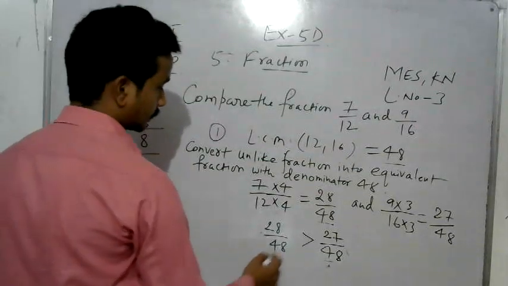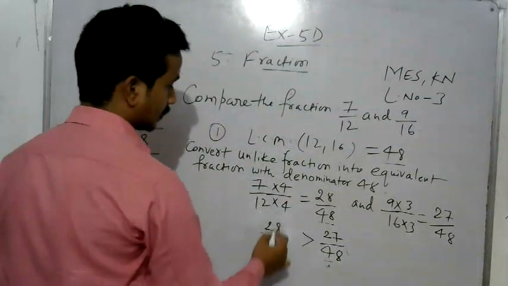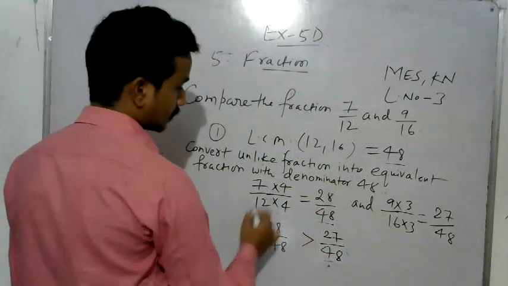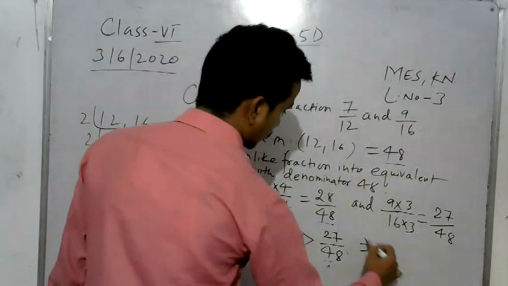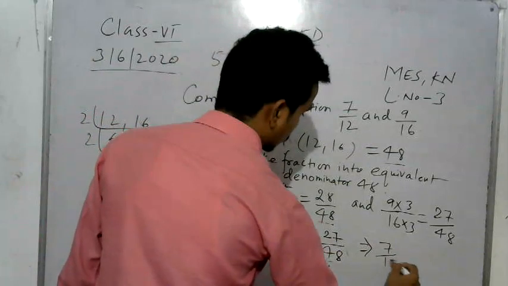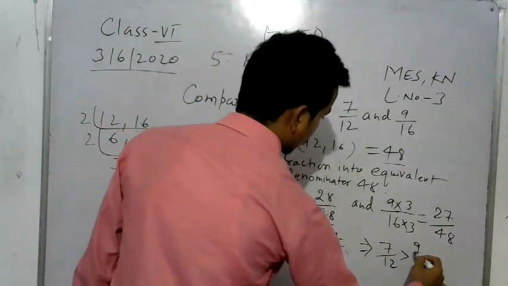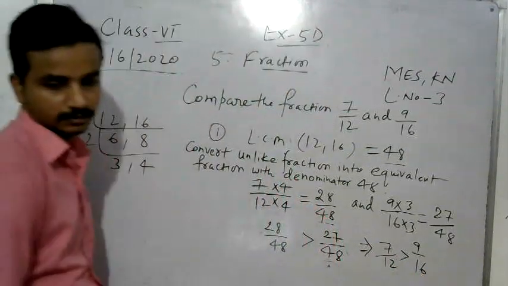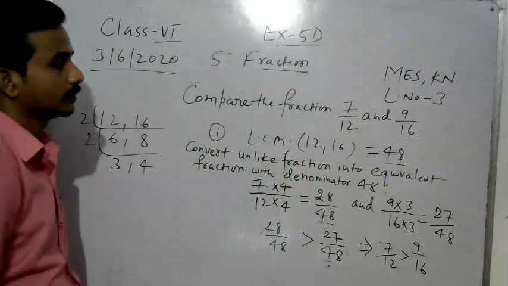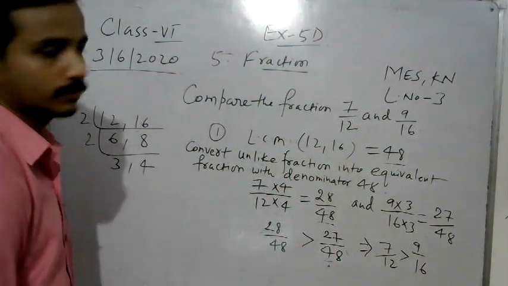So this shows that 28 by 48, which means 7 by 12, is greater than 9 by 16. Okay, in this way we will compare these two fractions.